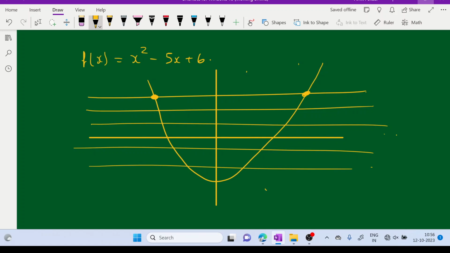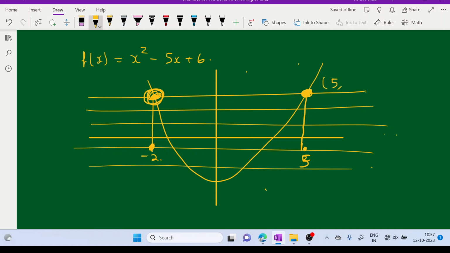That means for 2 values of x, suppose this is minus 2 and this is plus 5, the value for 5 is the same as the value for minus 2. These y coordinates are the same.